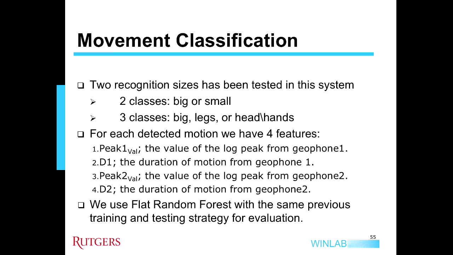We use 4 features: the value of the peak from the log feature from each geophone, so we have peak 1 and peak 2, and the duration or the time for that motion. So we have D1 from Geophone 1 and D2 from Geophone 2. As the machine learning technique, we use a flat random forest for training purposes.